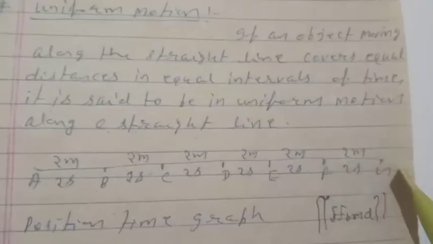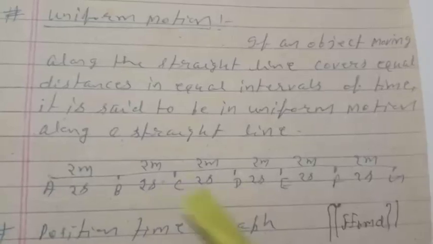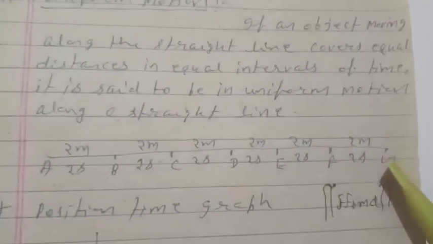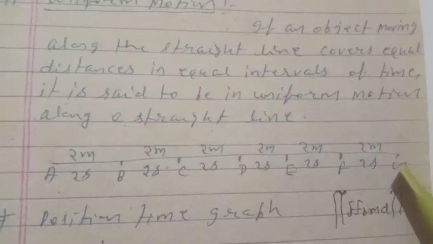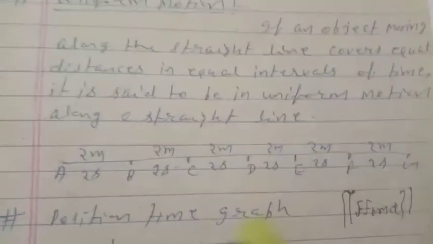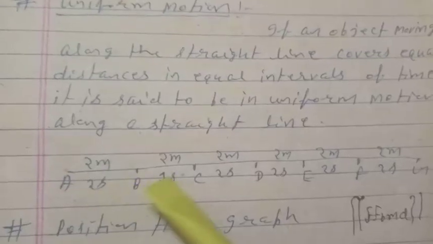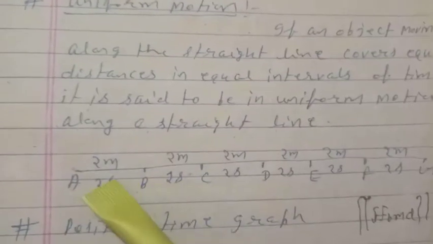Here the situation is shown. Consider A, B, C, D, E, F as different points representing different positions, and the distance between A and B is 2 meter, B and C is 2 meter. That is, these divisions are equal.